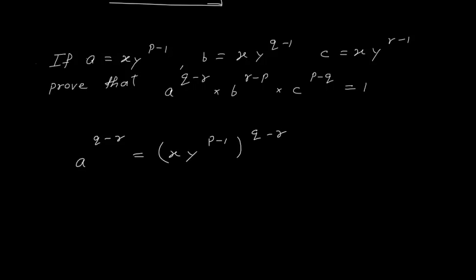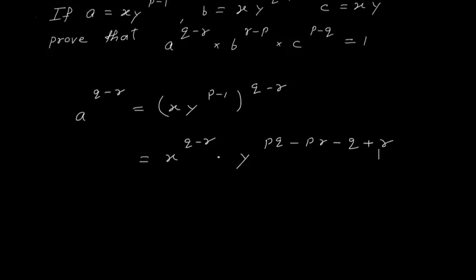So this will be x power q minus r into y power, now they will multiply, so p minus 1 into q minus r, so it is pq minus pr minus q plus r. This is A power q minus r.